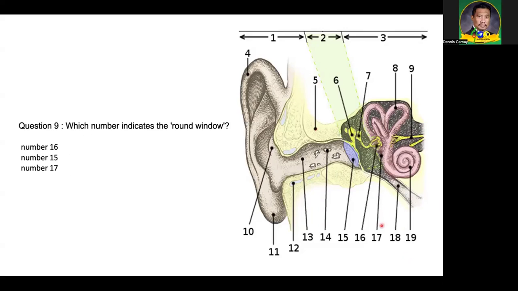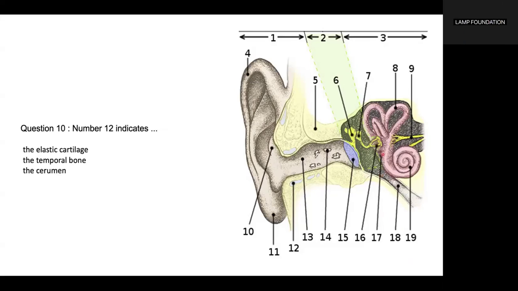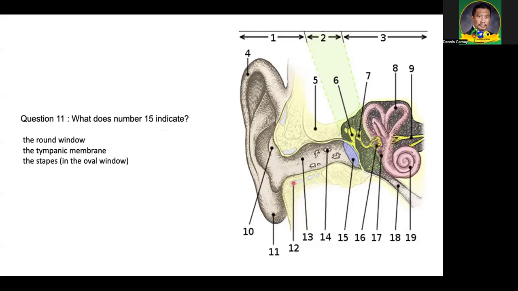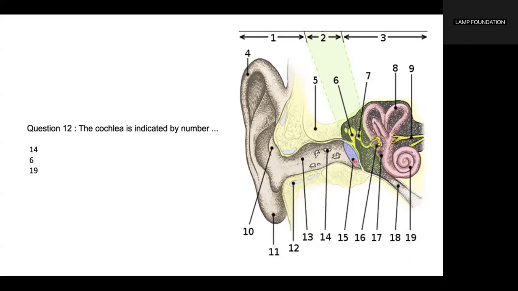Number 17. So this one, the window. What is number 12? The elastic cartilage. Number 15. Tympanic membrane. Cochlea. What number? 19. Yeah, this one.